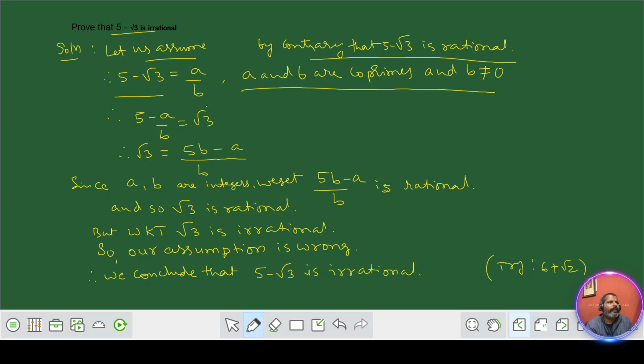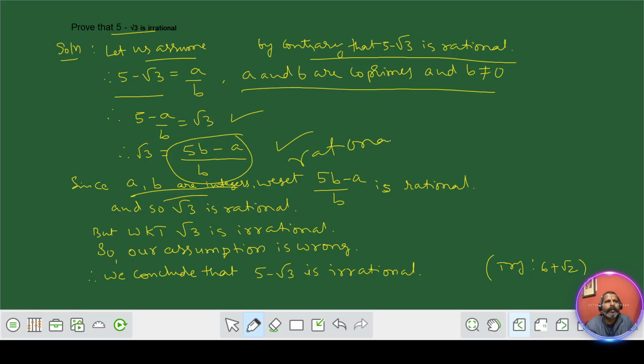Just solve it here. 5 minus root 3 is a by b means I send root 3 to the right side, take a by b to the left side, becomes 5 minus a by b equal to root 3. Means you separate root numbers from the non-root numbers on one side. Therefore, on taking LCM of 5 minus a by b, we get root 3 equal to (5b minus a) by b. Where a, b are integers, the right hand side becomes rational.